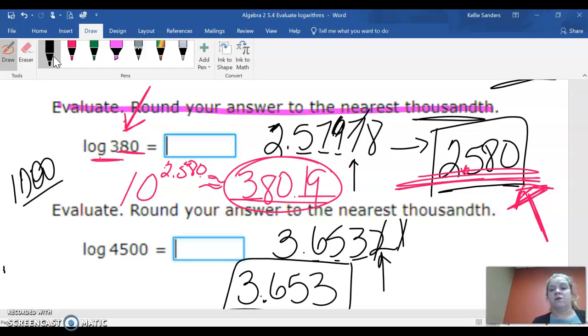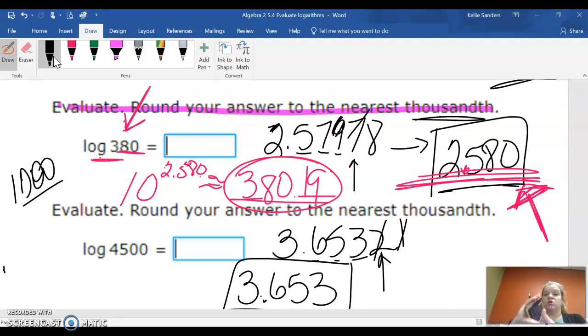3.653. Now, if you were using your iPhone, if you're doing these at home on your phone, you're going to go to your calculator and then unlock it so it will flip. And on iPhone calculators, they are backwards calculators.